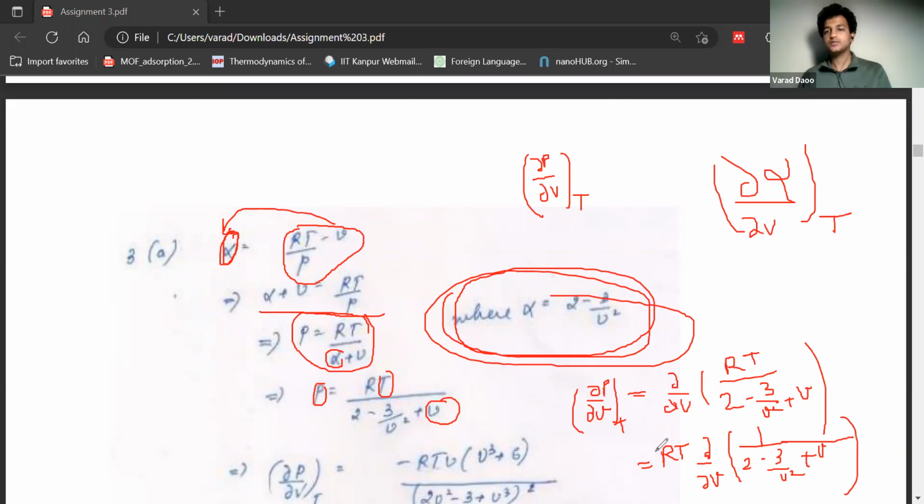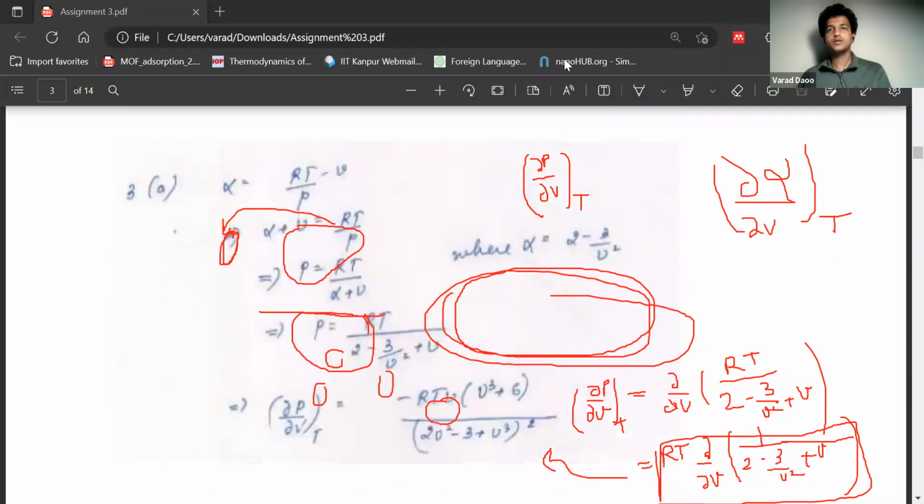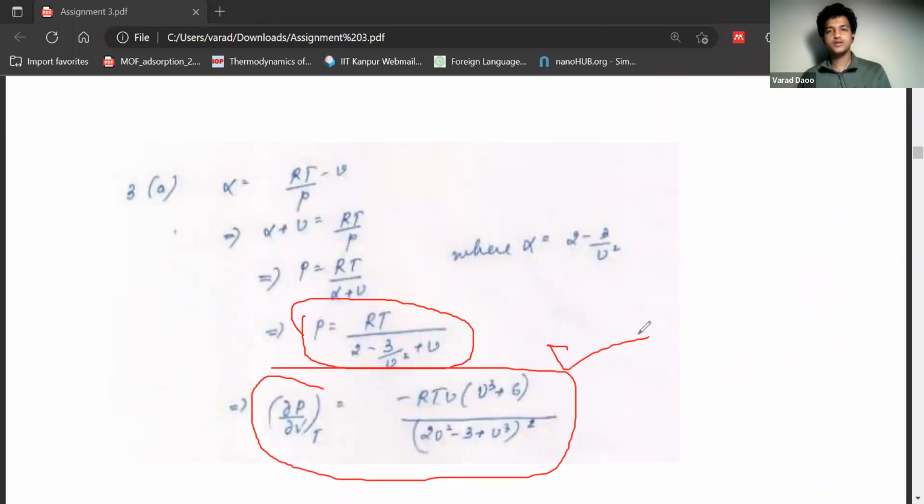Then it just depends on how you solve it, but eventually you come out to get this expression. Just take the derivative, and this expression you will get.